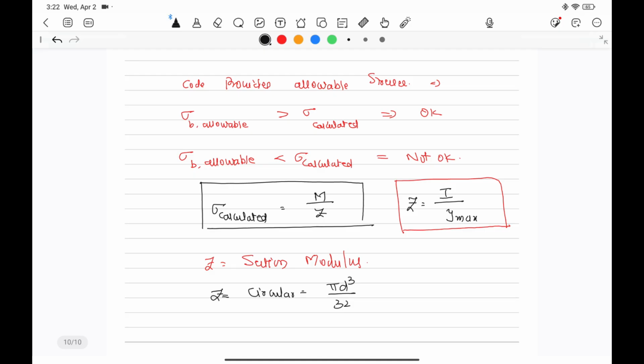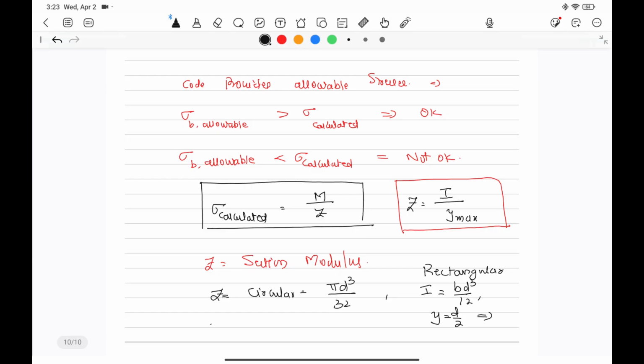For a rectangular section, I is equal to BD cube by 12, which I have explained previously in all my classes, and y is equal to d by 2.